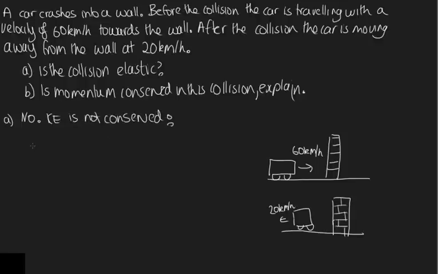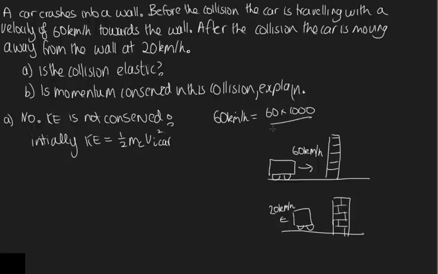So initially kinetic energy equals a half times the mass of the car times the initial velocity of the car squared, and the initial velocity of the car is 60 kilometers per hour, and 60 kilometers per hour is equal to 60 times 1,000 over 60 times 60.